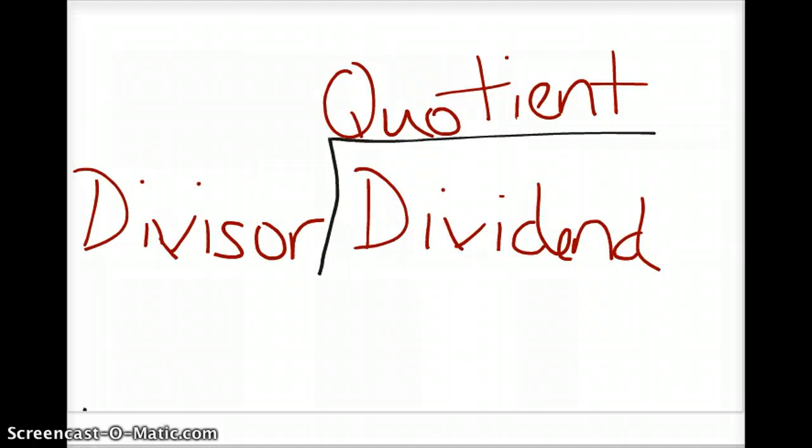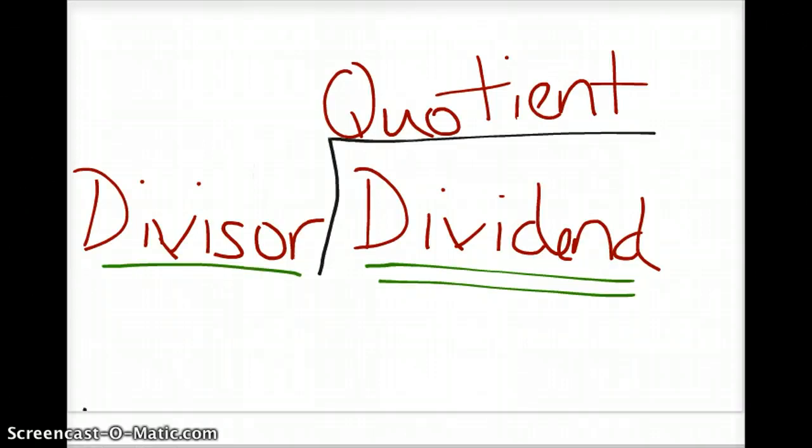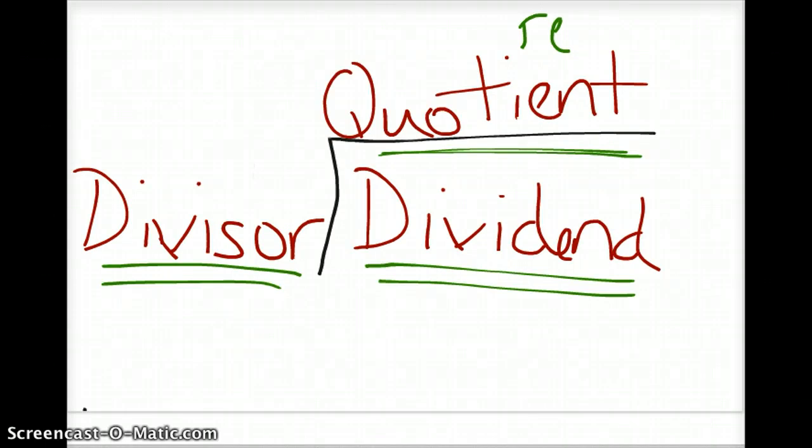We have the dividend, which is the amount that's going to be divided up or shared, and how many we are going to divide by or share with would be your divisor. That's how many groups we're going to be trying to make. And then when you divide your dividend by your divisor, you get your answer, which is the quotient. And then anything left over would, of course, be the remainder that you also sometimes have.